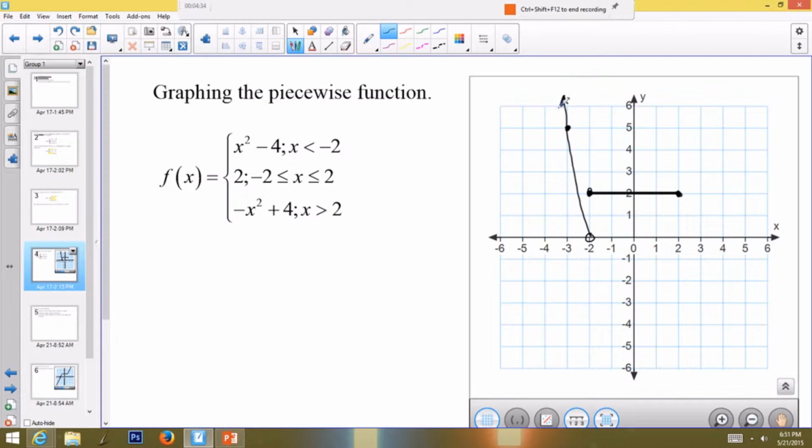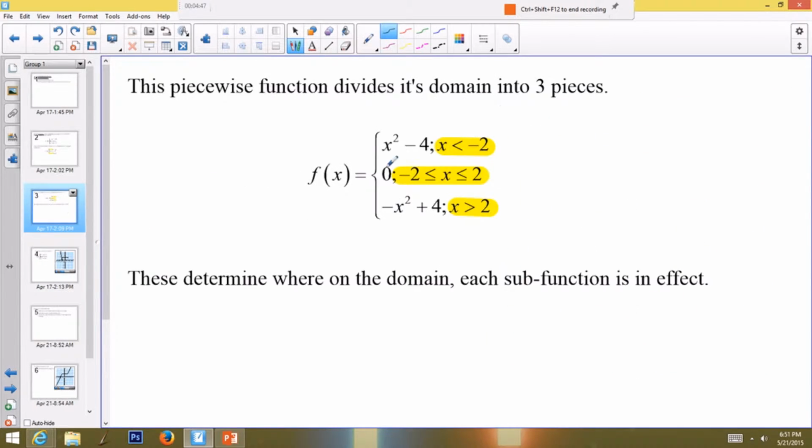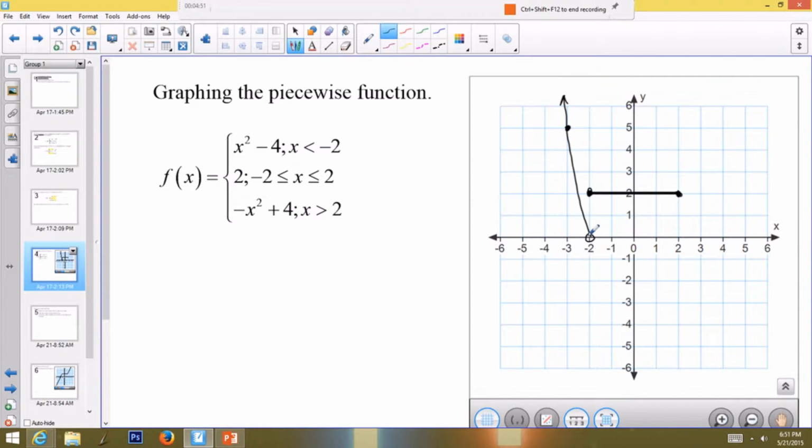Notice that this is not a continuous curve; we do have a break. Is there a way to get it so that it comes down and touches and this dot would fill in? Absolutely. If I use the original function right here, this 0 function, then my constant would have been right here. But I did want to show that you can have breaks in it.